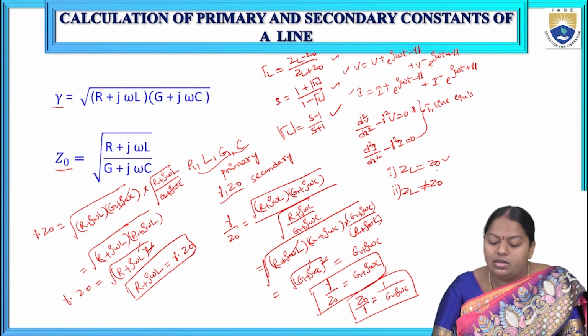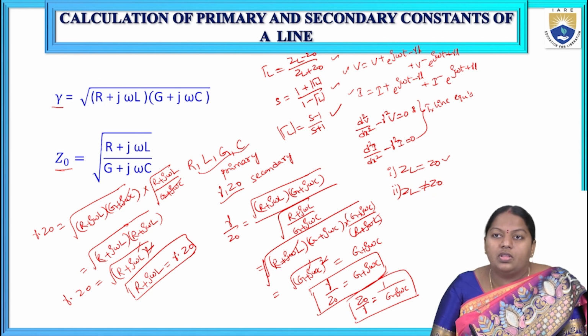There is no reflection in this case. In the second condition, if ZL is not equal to Z0, part of the incident wave is reflected back. Depending upon that, standing waves are formed.